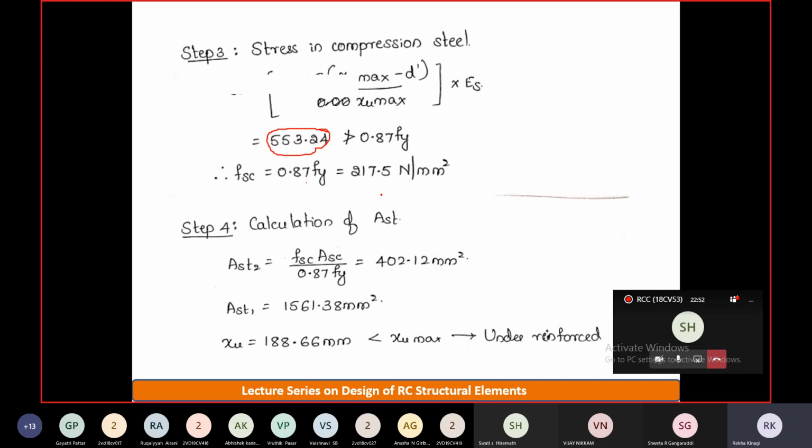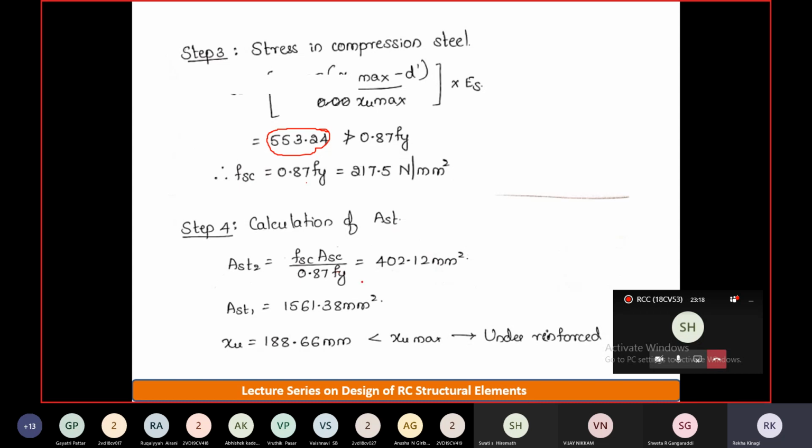Out of the two values calculated, let me consider the lowest one, that is 217.5, as the FSC value. Henceforth, wherever we are substituting the value of FSC, we are going to substitute the lowest value, that is 217.5 Newton per mm square.